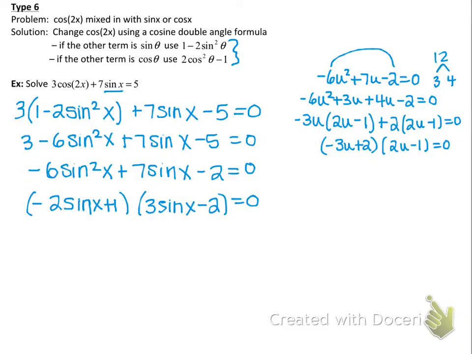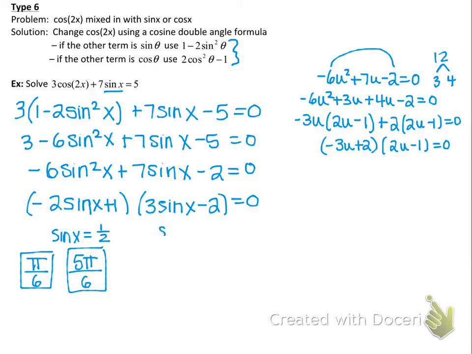So on this left side, I'm going to set it equal to 0, subtract 1, and divide by 2. Then I get sine of x equals 1/2, which we've done before, and we know that's at pi over 6 and 5 pi over 6. Both are in quadrants 1 and 2 since it's a positive value.